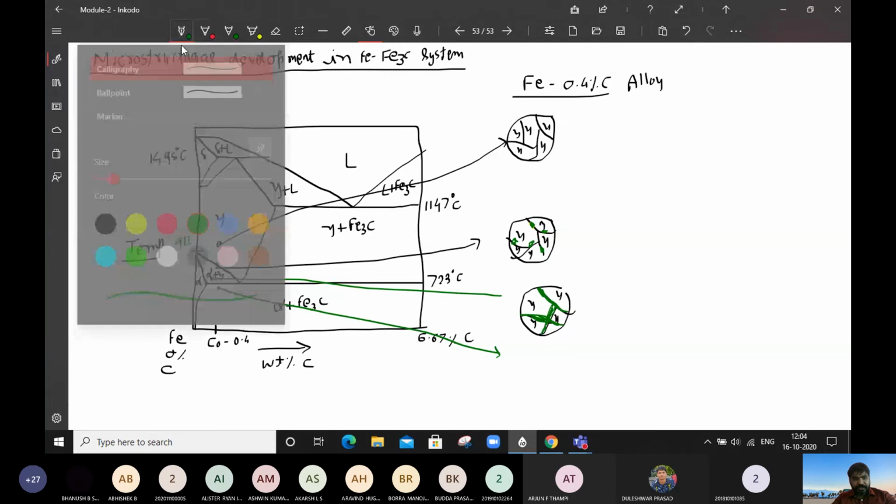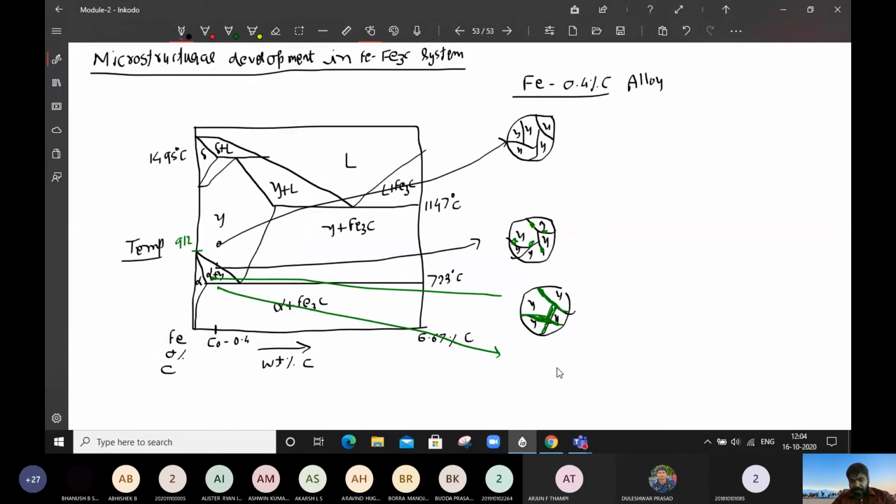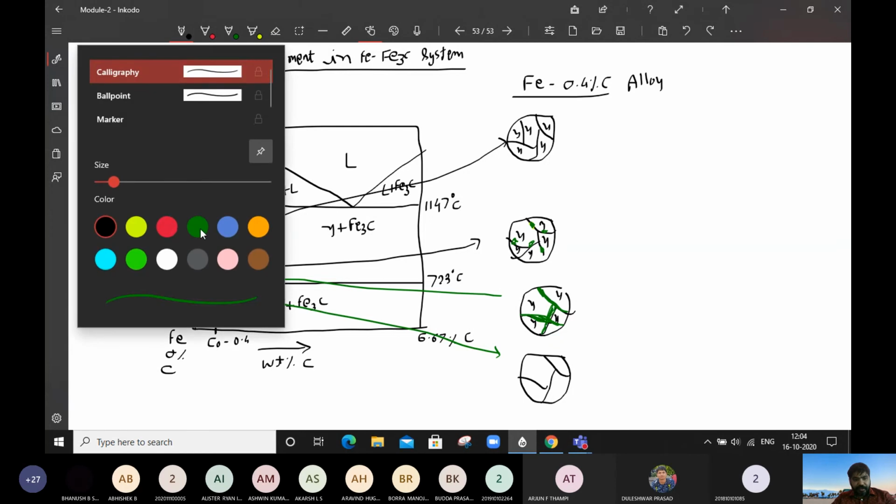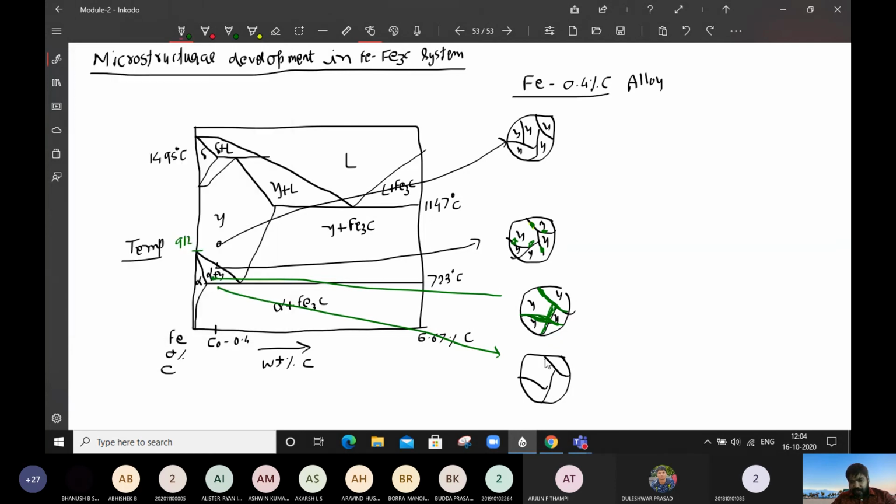So let me take another color, black color. So this is our gamma. Just a minute. Okay, so here this is our alpha that is formed above this temperature.